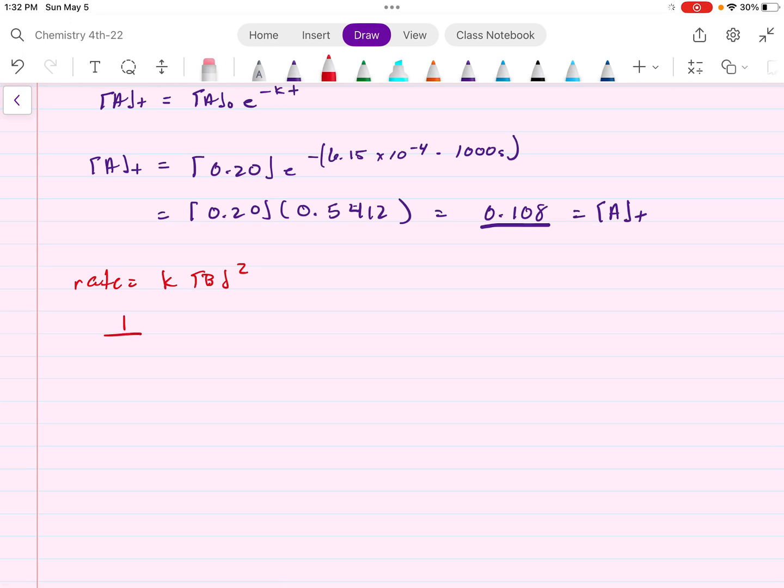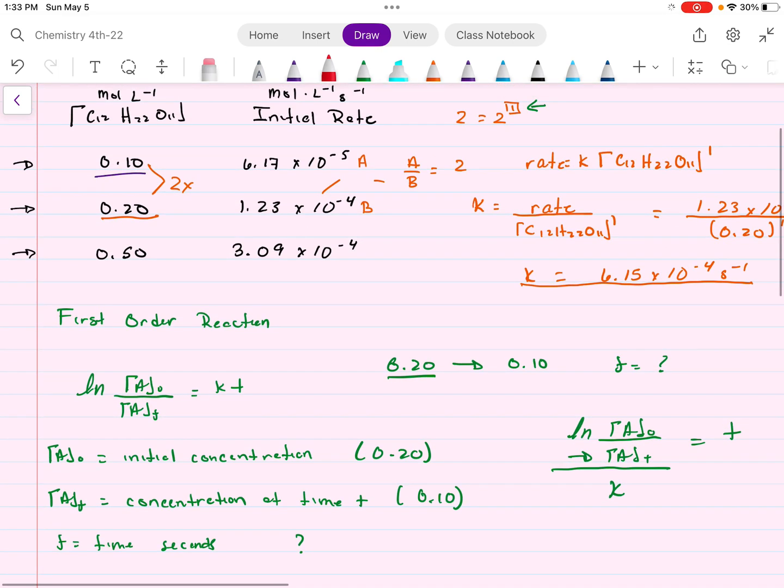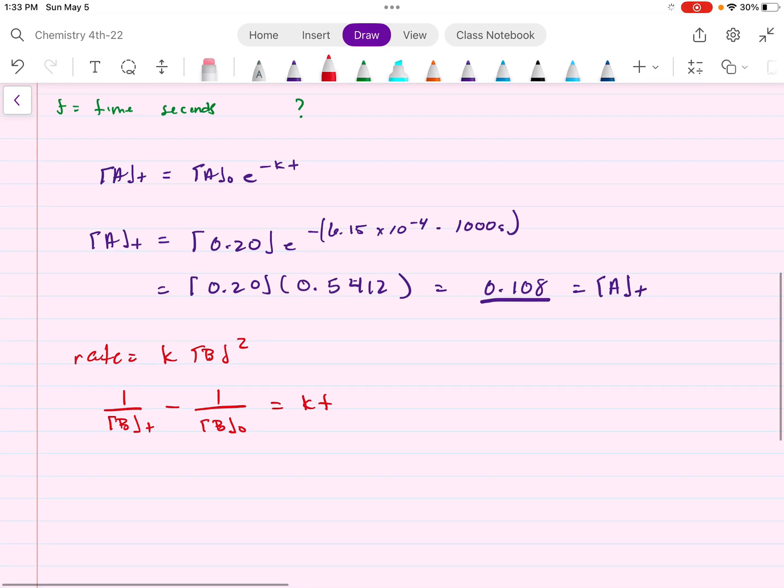It just becomes 1 over the concentration at time t, minus 1 over the concentration initial, and that's going to equal your KT. So if you go through this process here, and you realize that the reaction is second order, then you would simply just use this equation, right? It's pretty much the same process.